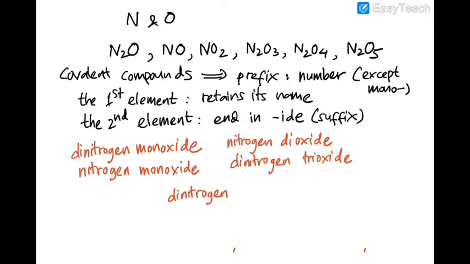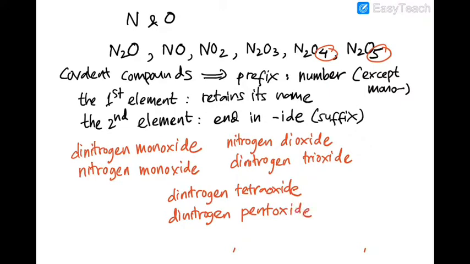If it's 4 like this, you say it's tetra, yeah? Tetraoxide. And if it's 5 like this, dinitrogen penta, or pentoxide. Yeah, this one also, I will revise this. It's tetraoxide, or normally we call it tetroxide.